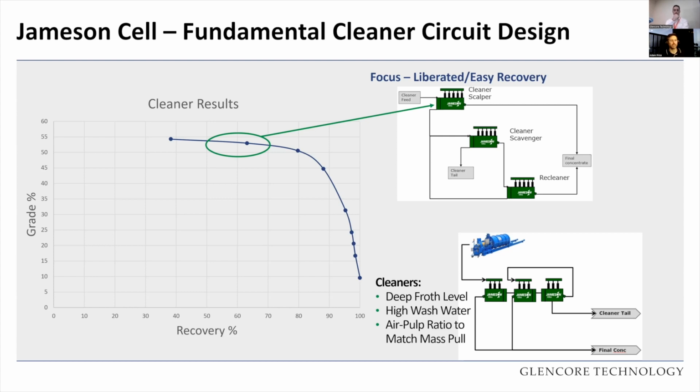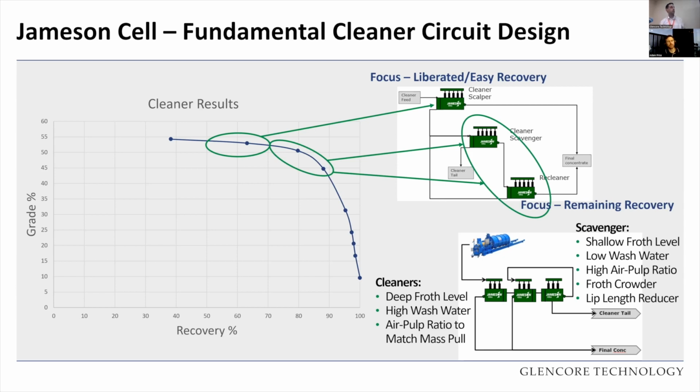Air to pulp would be set up to match what probably the design mass pull is. So particularly if it's a very high recovery stage, you might actually require a reasonable amount of air and quite a high air to pulp. Could be a bit lower if it's more in, say, the 40 to 50% zone.